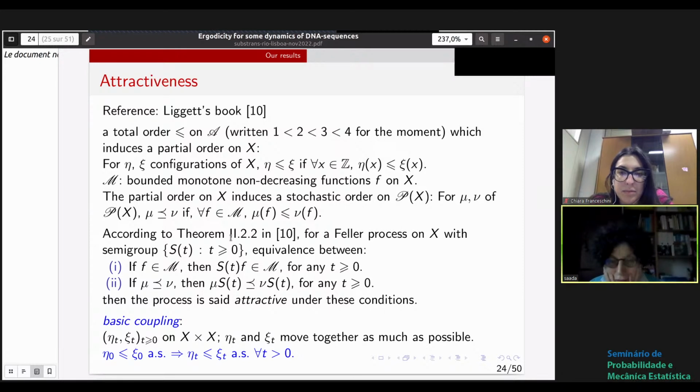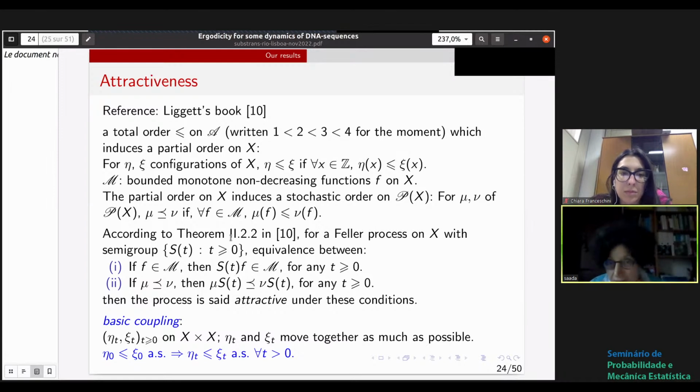We say that mu is less than nu if for any f in M we have mu of f less than nu of f. And then there is an equivalence for the process with semigroup S(t) between the fact that if f belongs to M, then S_t f also belongs to M for any t, and that if mu is less than nu, then mu S_t will be less than nu S_t for any t.